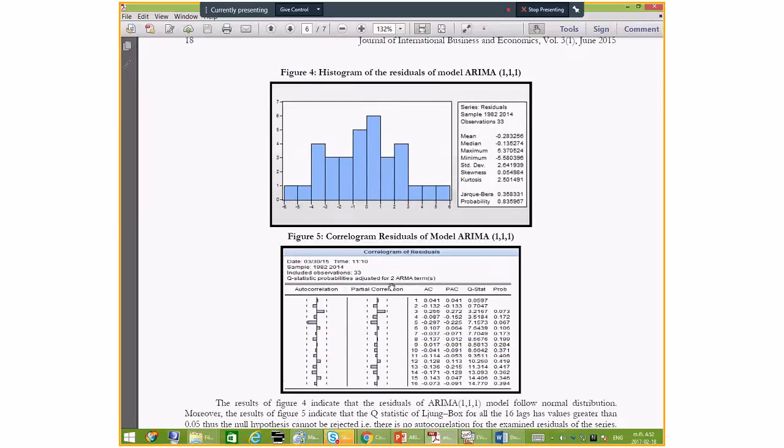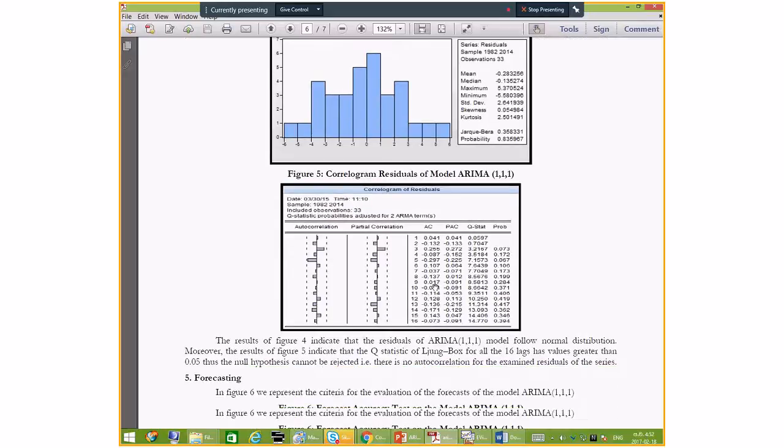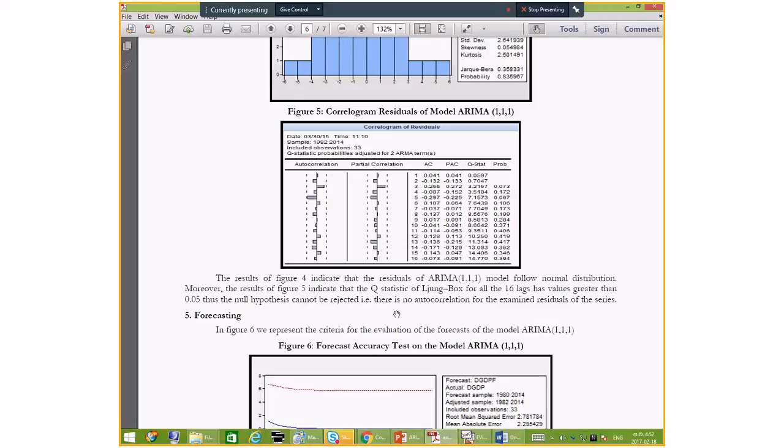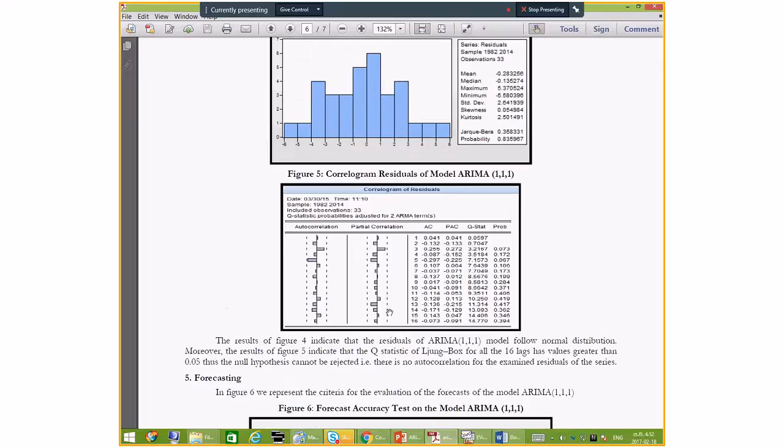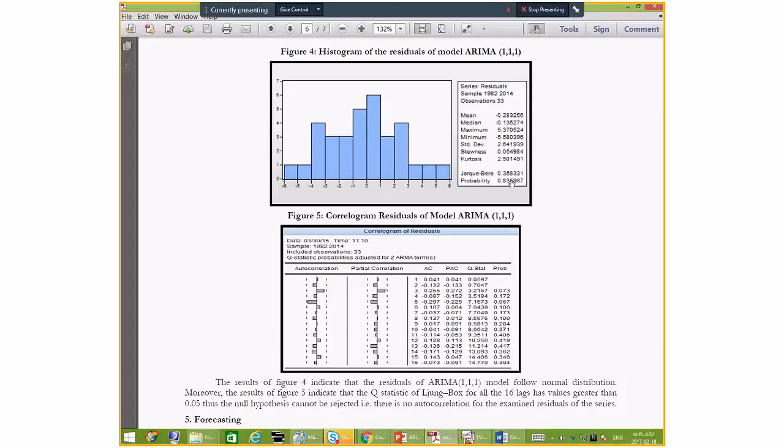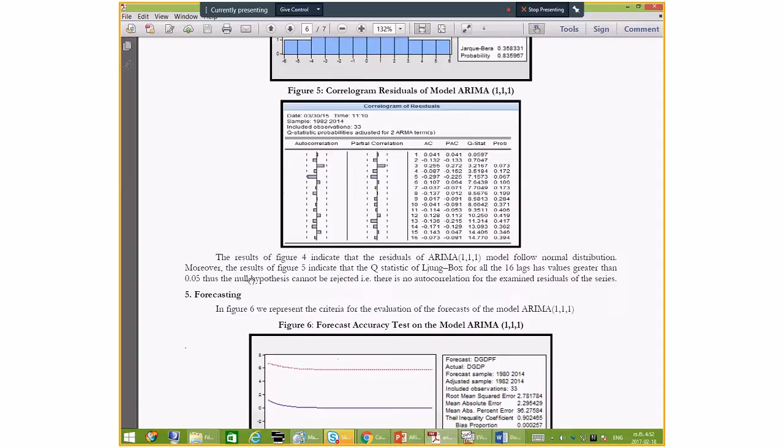Figure 5 shows the correlogram of the ARIMA model. The residuals of our ARIMA model follow a normal distribution; the probability value is greater than 5%. The Q statistics show values greater than 5%.